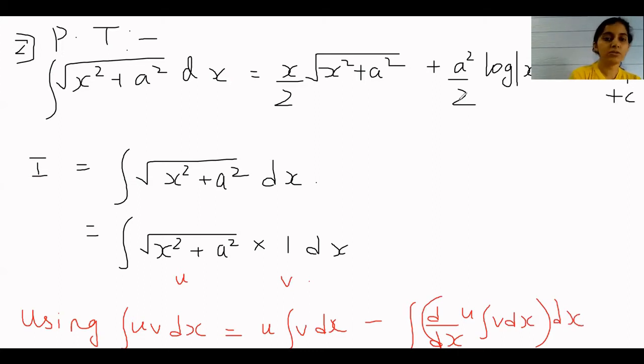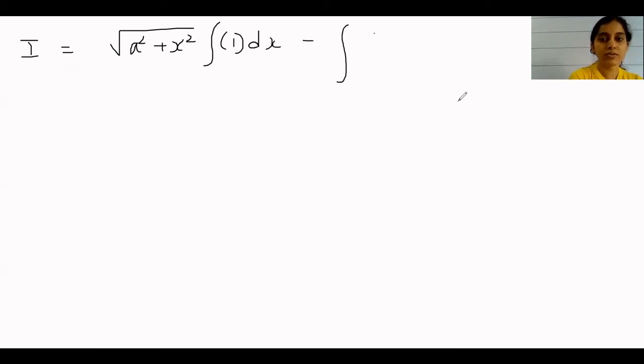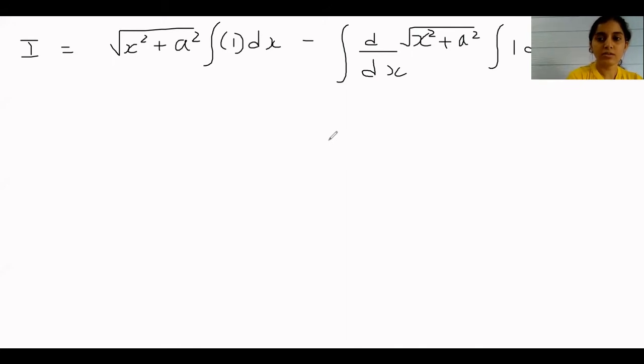So I is equal to u integral v dx, so first function as it is, root of x square plus a square, integral v, that is 1 dx, minus integration of d by dx of root of x square plus a square, integral 1 dx, the whole thing integrated with respect to x.